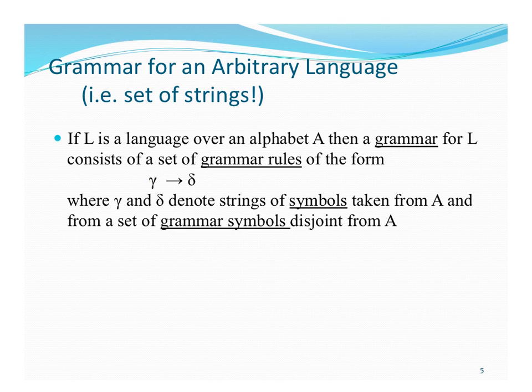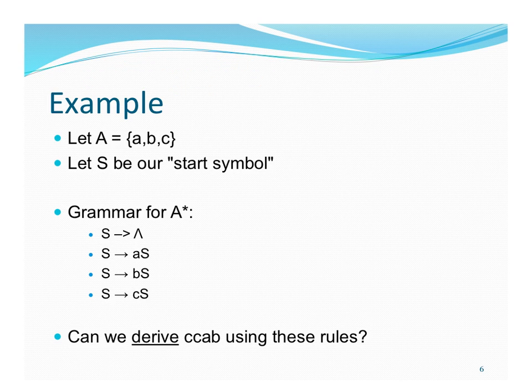In this case, gamma arrow delta, where gamma and delta are strings of symbols, and these symbols are in my alphabet A, and also from my grammar symbols, which are disjoint from A. So this is the formal definition of a grammar. Let me show you what I mean. I think when you see this example, it'll make sense to you.